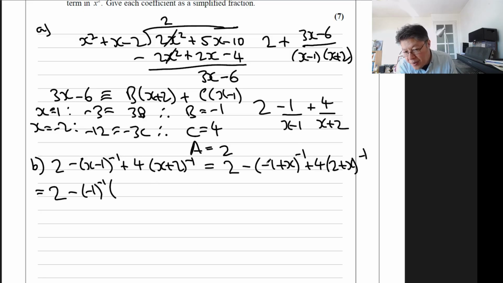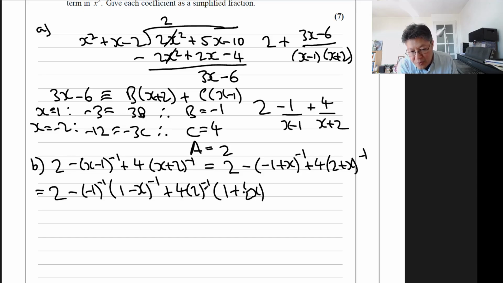So if we pull a -1 out, this becomes a 1 and that becomes a -x. It's the power of -1 plus 4. And here we're going to pull the 2 out to the power of -1. And that gives us 1 plus half x. Because if you take out a 2, you must divide both of them by 2.